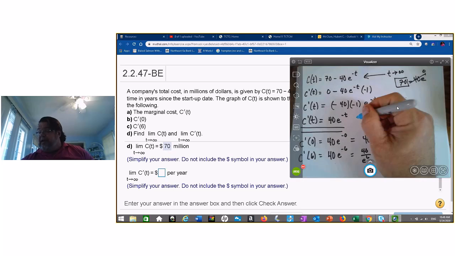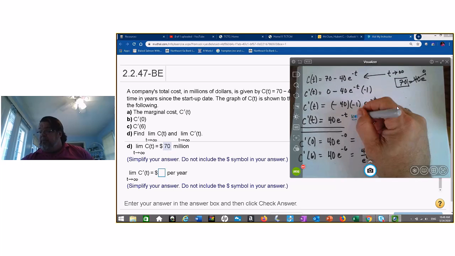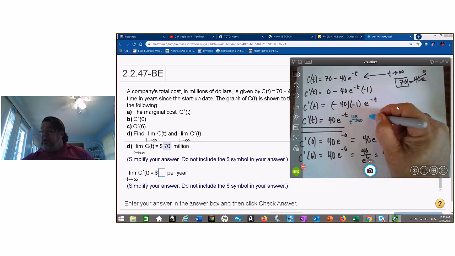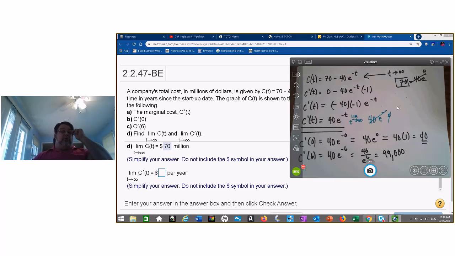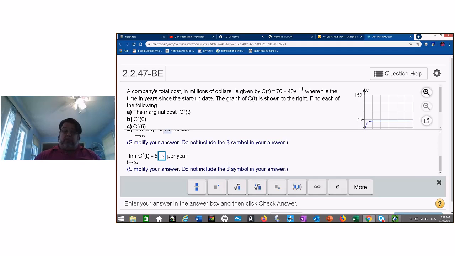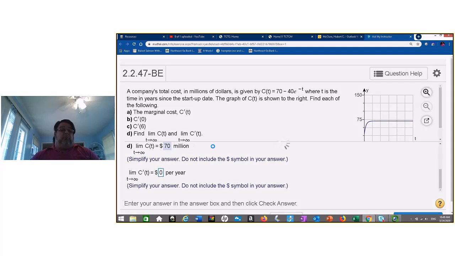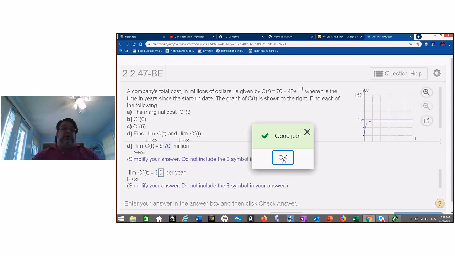C prime of t as t approaches infinity would be 40e to the negative infinity, negative 1, negative 2, negative 3, negative 4, and anything like that is going to go to 0. So 0 per year. And that's how you do that problem.